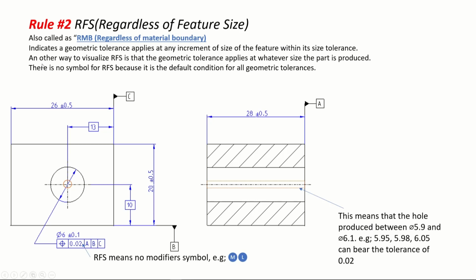Another way to visualize RFS is that the geometric tolerance applies at whatever size the part is produced. Whatever the size, it will take the tolerance which has been given. And there is no symbol for RFS. I hope you got this point, guys.